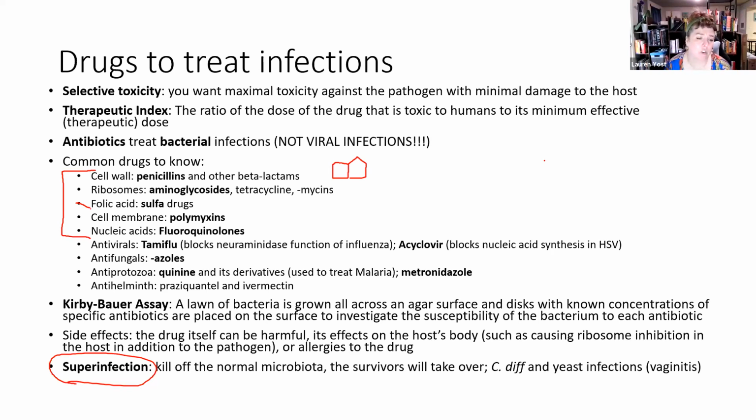Now we had the antifungals. A lot of those are going to end in azoles. Not all of them do, because, okay, so we have the azoles like ketoconazole. That's a pretty commonly used one. So ketoconazole is an antifungal. That's just one of them. Amphotericin B is not an azole, but you might want to be aware of that one too.